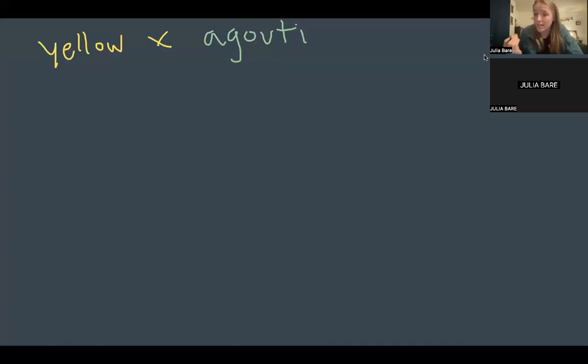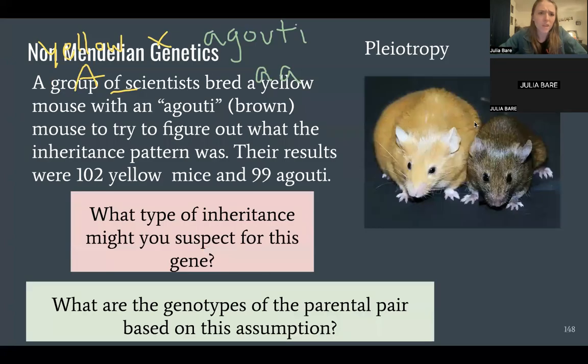One of these traits has to be dominant and one has to be recessive, right? So let's say that the yellow trait is dominant and the agouti trait is recessive. Well, that means the agouti mouse has to be homozygous, all right? You don't necessarily know which one is dominant at this point, but this is just for the sake of getting the problem started, right? So let's go back for a second.